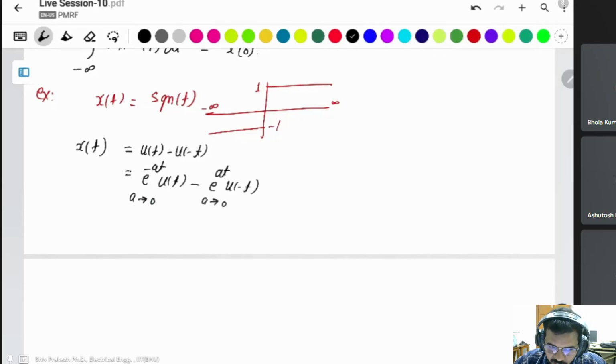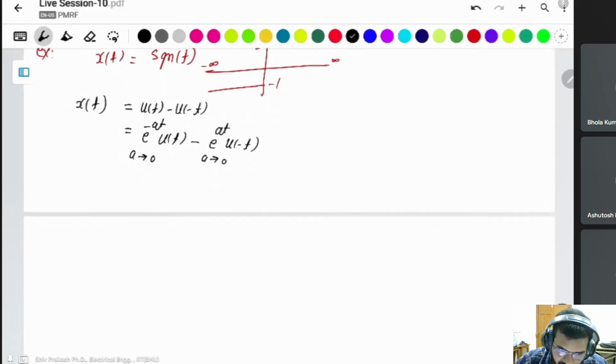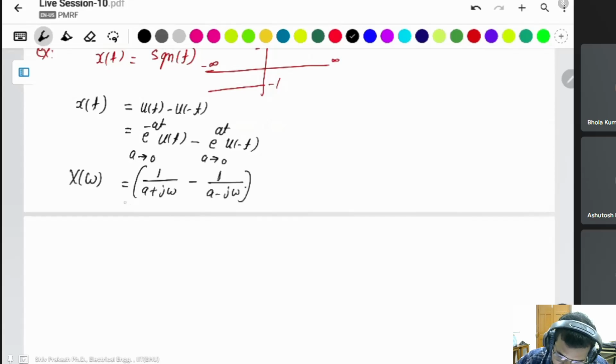In both conditions you know the Fourier transform of this one. This will be 1 divided by a plus j omega minus 1 divided by a minus j omega. In both conditions, a tends to 0.